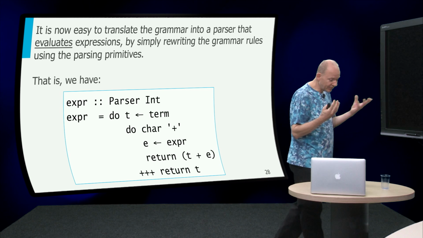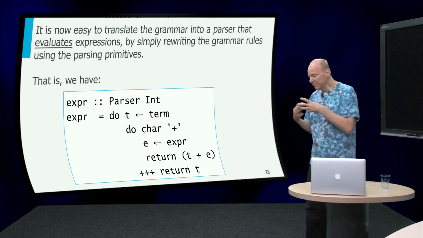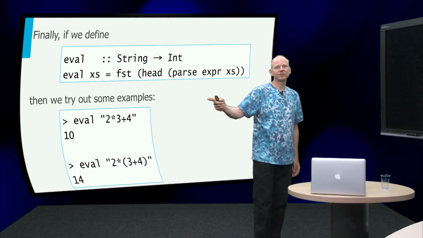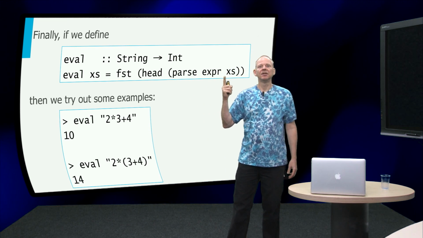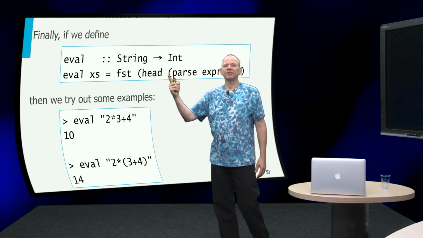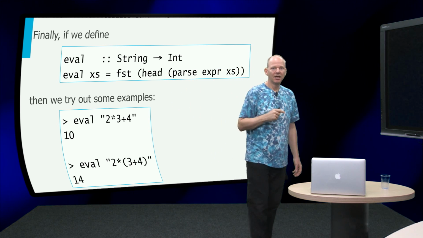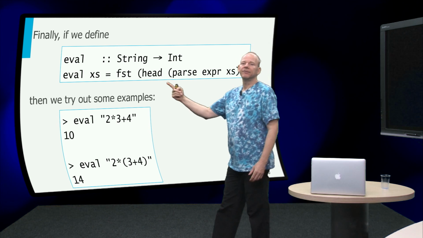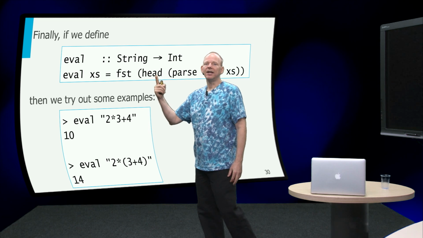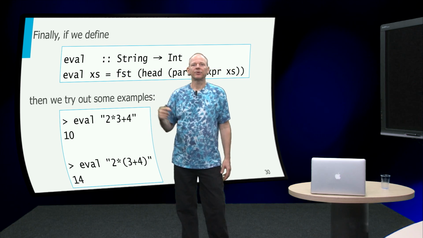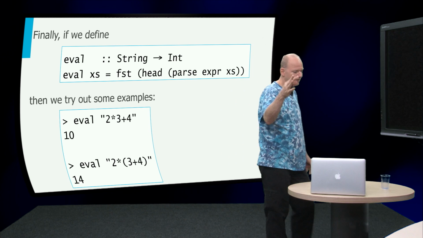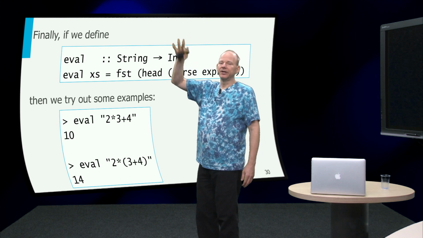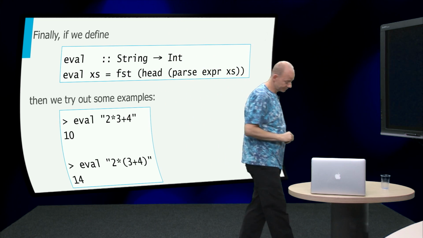We're not even creating a parse tree, we're immediately, as we're parsing, evaluating the expression. So that's what you see here. We parse the expression, given the input. Since this returns either an empty list or a singleton list, if it returns a singleton list, we take the head, so we take that value. We take the first element, which was the number, and then there's the rest of the string. If this fails to parse, the head will throw an error, and this whole thing will fail.